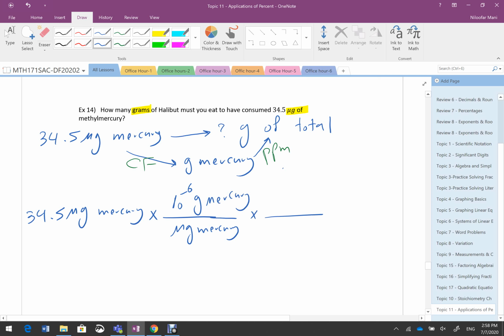Now parts per million, remember, that number is part over million is total. So here my part is up and I want to cancel part, so I write 0.241 grams from the table on the previous page, over 1 million grams of halibut.